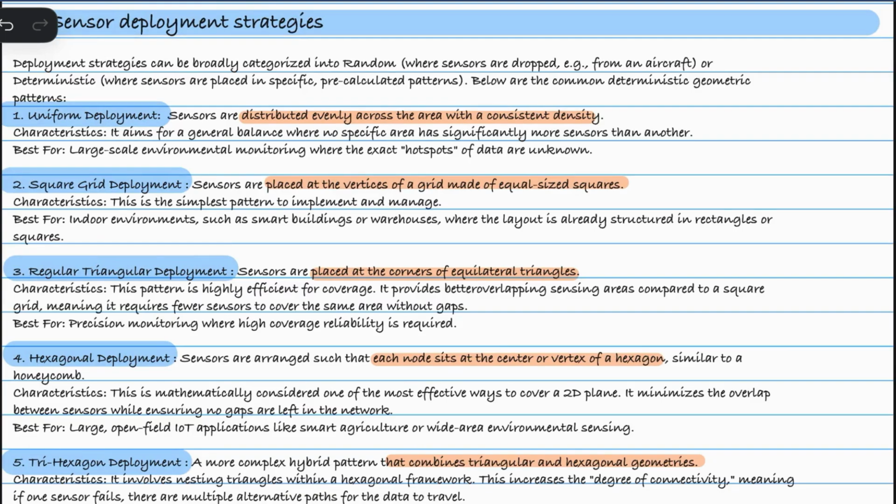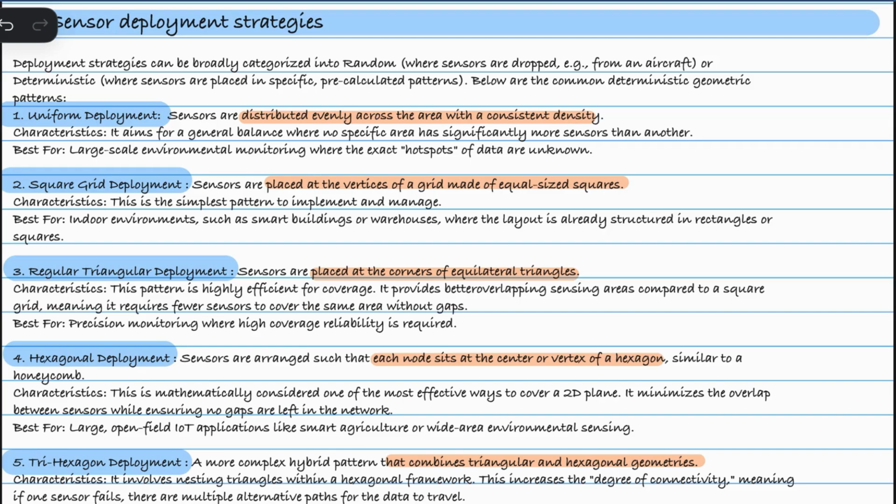Now let's look at the regular triangular deployment. Here the sensors are placed at the corners of an equilateral triangle. This pattern is a massive step up in coverage efficiency. Because triangles interlock tightly, their overlapping sensing areas cover the 2D plane beautifully, leaving zero gaps.